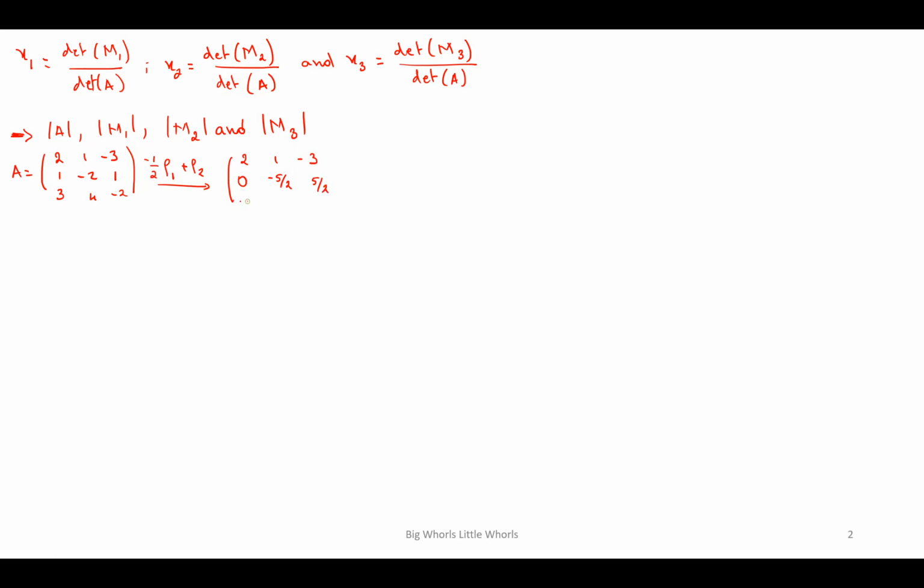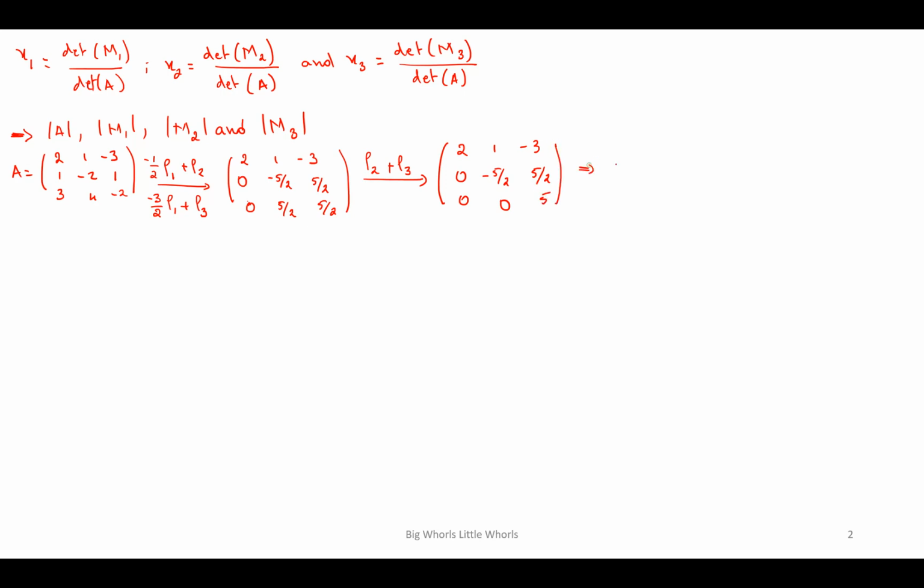For the third row, we do minus 3 over 2 multiplied by rho 1 plus rho 3, which gives us 0, 5 over 2, and 5 over 2. Then we do rho 2 plus rho 3 to give us 2, 1, minus 3, 0, minus 5 over 2, 5 over 2, 0, 0, and 5.